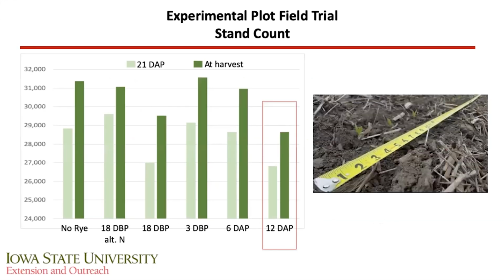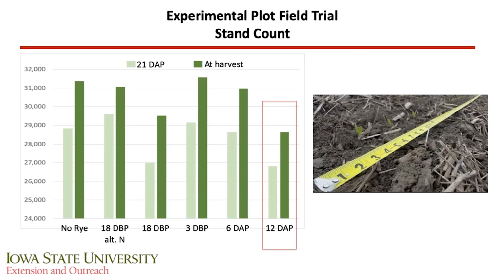We also take stand counts, and this data here is the stand count from 2019. Apart from this 18 days before planting, where something a little bit odd went on, in general we see good stand counts, except in this 12 days after planting, where the stand counts may be slightly reduced.